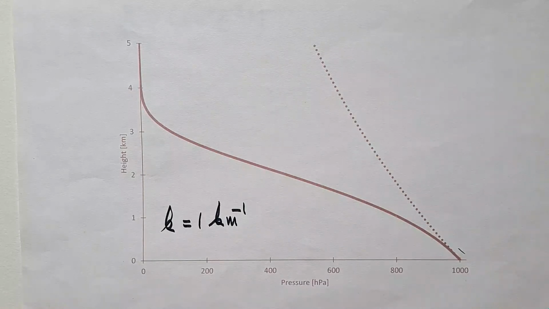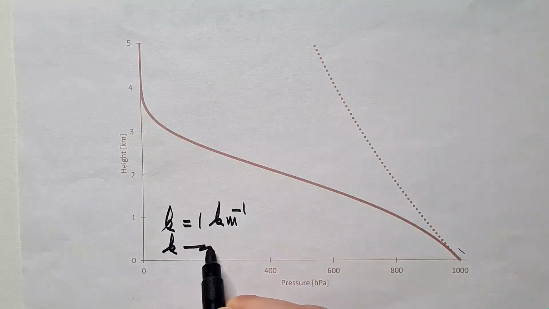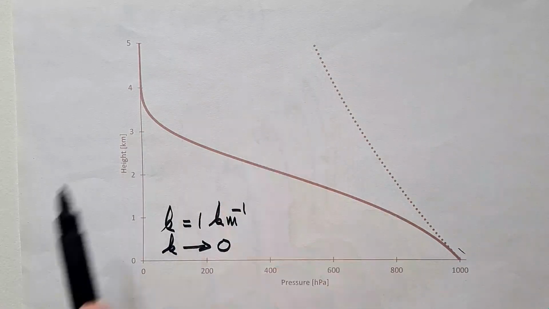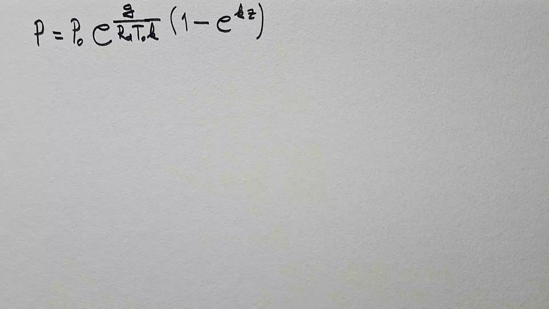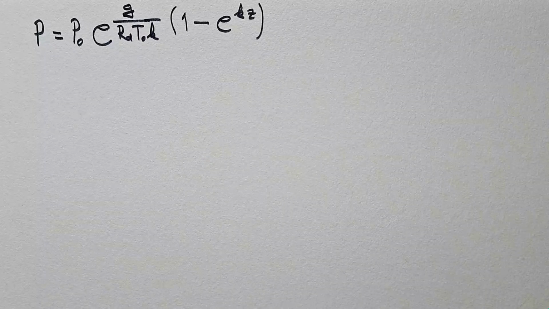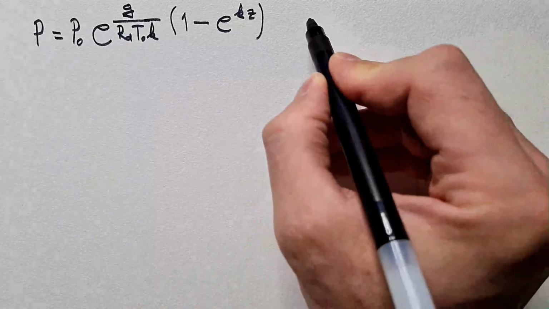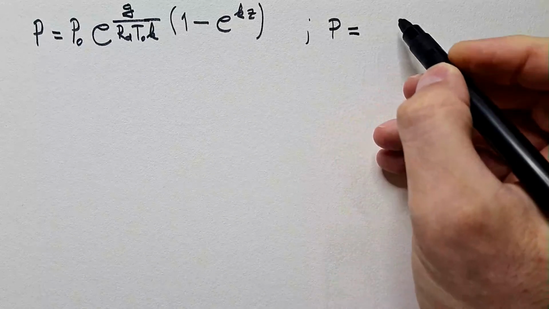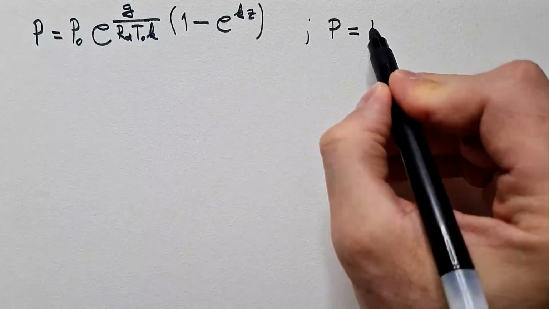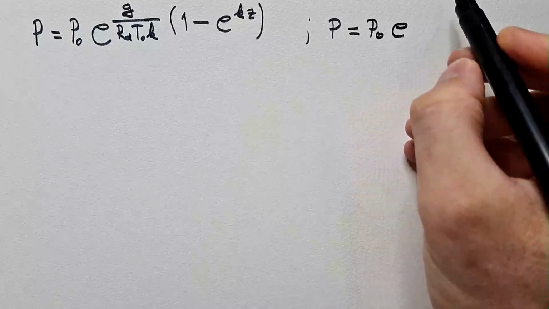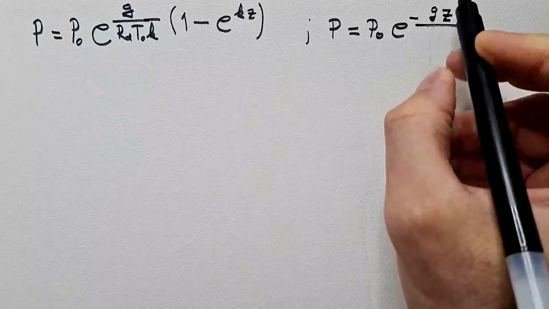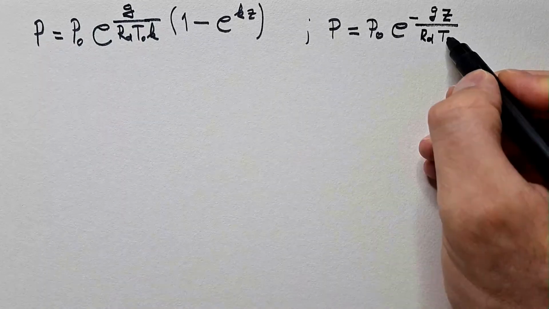Now, what we are claiming in this video is the following. If this k goes to zero in the limit case, the thick black line should collapse to the dotted line. Well, to convince you that this is the case, I have to give you the equation for the dotted line, and we know from my previous videos that this equation that describes decrease of pressure in isothermal atmosphere is the barometric formula, and P is P naught e to the negative g z over R_d T naught.